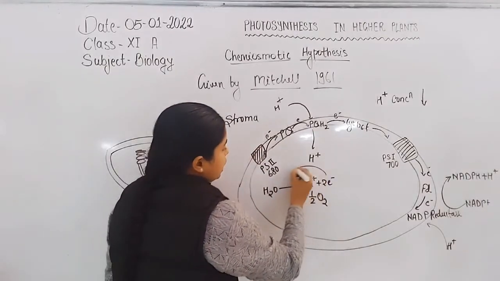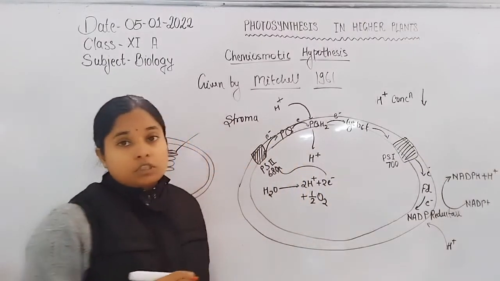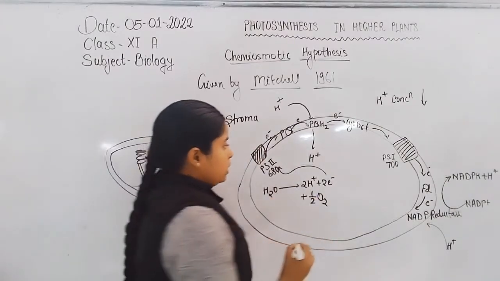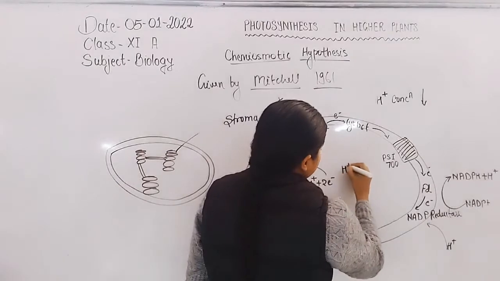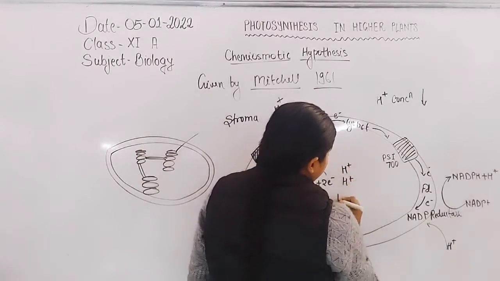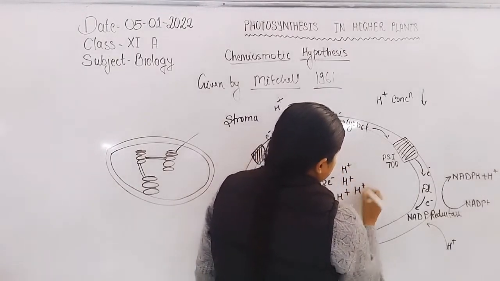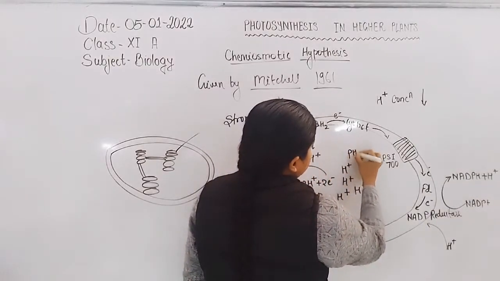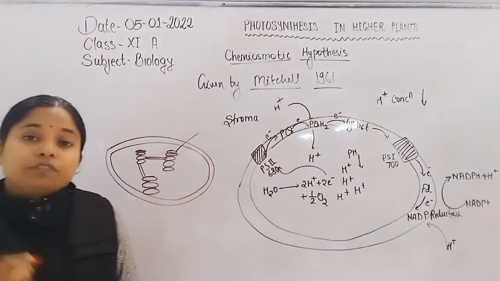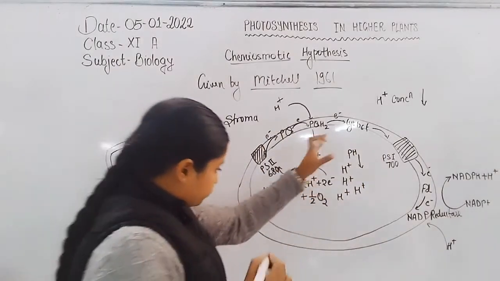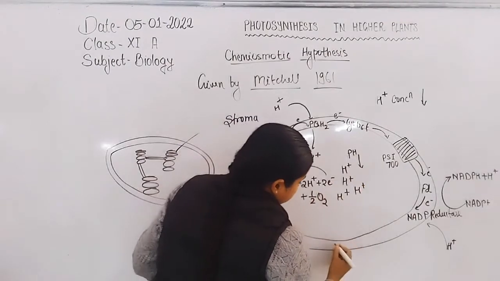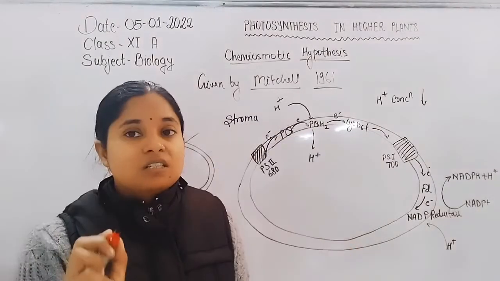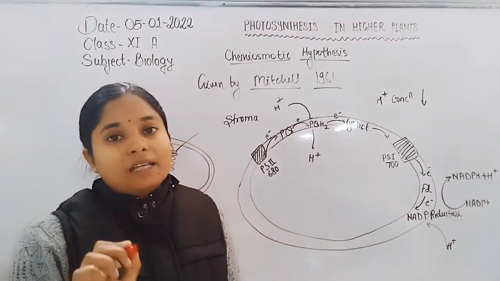These two electrons are transported to the photosystem second reaction center, whereas the two protons remain inside the lumen and cause a regular increase in protons in the lumen, decreasing the pH inside the lumen of the thylakoid. Now here again is the F0F1 particle.